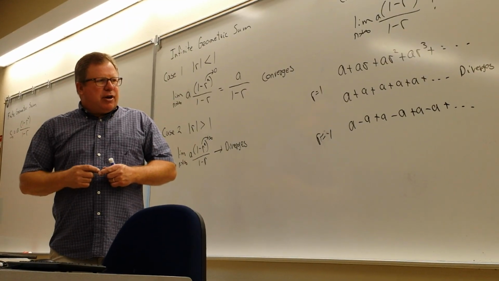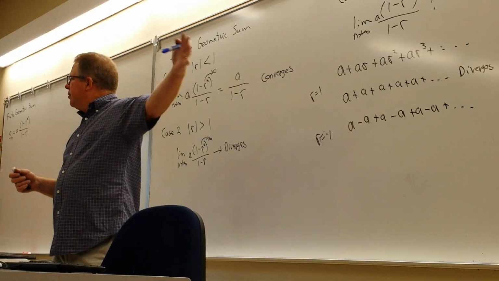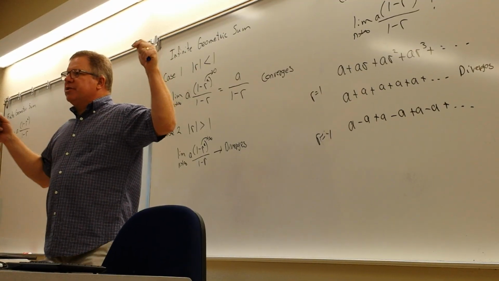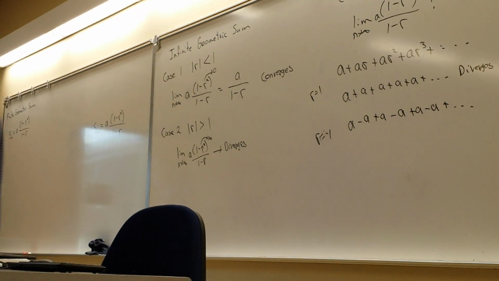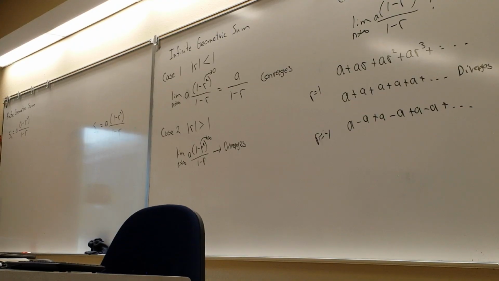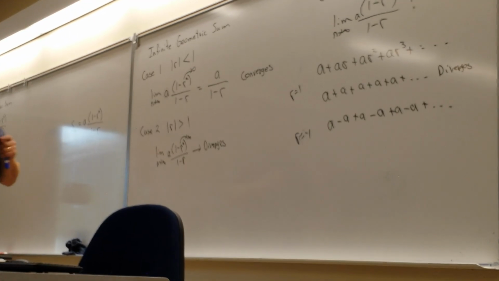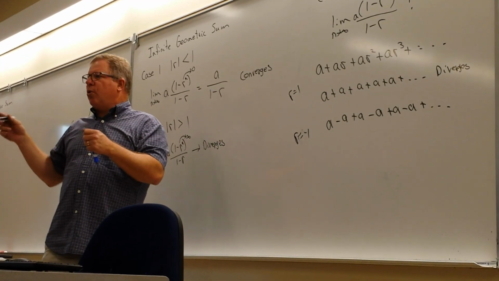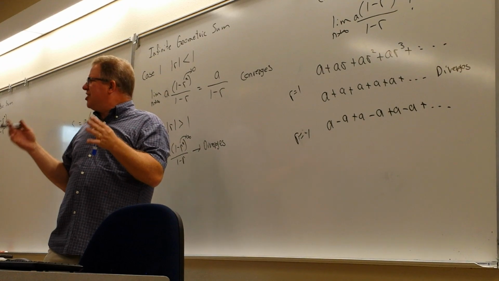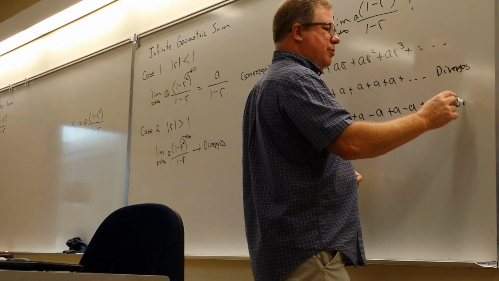That's going to just oscillate between 0 and a, isn't it? Right? Is it approaching a single value? No. So it does not go to infinity, but it does not approach a single value, so it diverges. It diverges if it goes to infinity, or if it just does not approach a single value. So diverges.